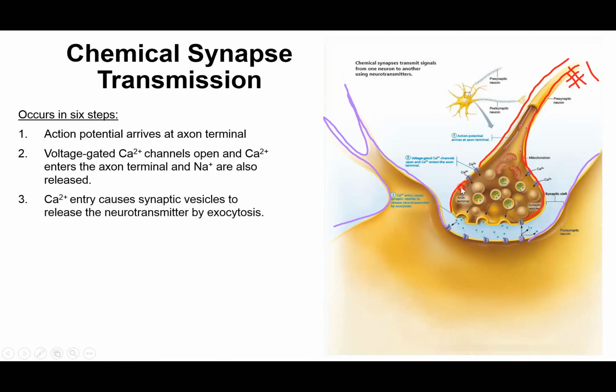Step 3, calcium entry is actually going to cause these synaptic vesicles to release their neurotransmitters via exocytosis. So these vesicles are going to fuse with the membrane here at the end of the terminal and spill out their contents into the synaptic cleft.